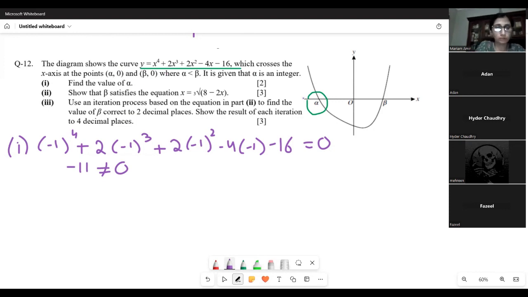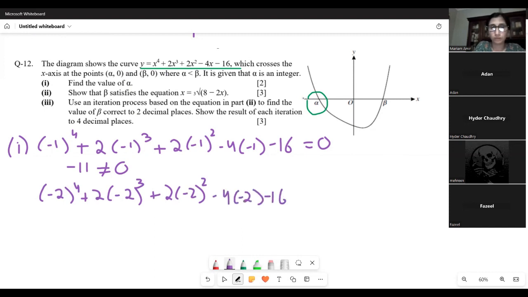Now we're going to check -2. -2 power 4 plus 2 times -2 whole cube plus 2 times -2 square minus 4 times -2 minus 16. So the first one was not equals to 0. Is this equals to 0? 2 power 4 plus 2 times -8 plus 2 times 4 plus 8 minus 16.